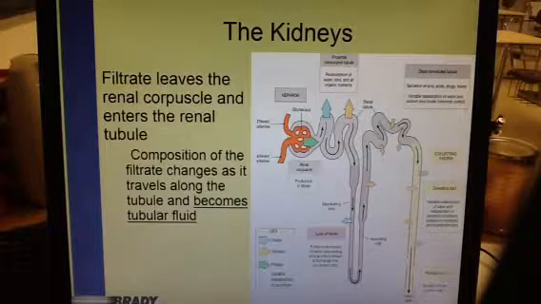So if you look real carefully at this picture, which has a lot going on, it shows the filtrate leaving the glomerulus, shows the production of filtrate there, and then going into the first section of the renal tubule. It says in the proximal tubule that reabsorption of water, ions, and organic nutrients is occurring.